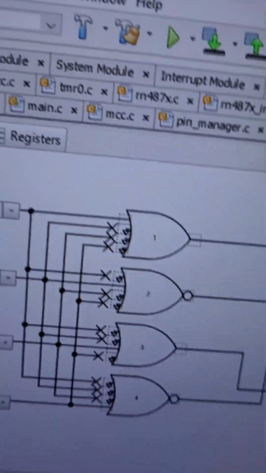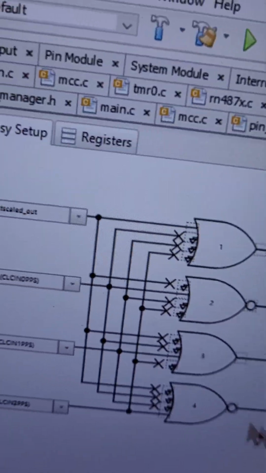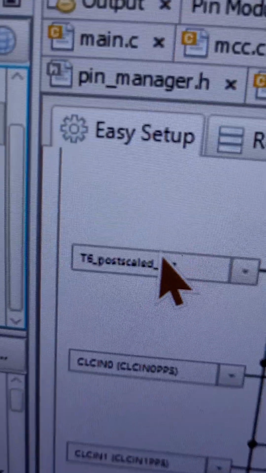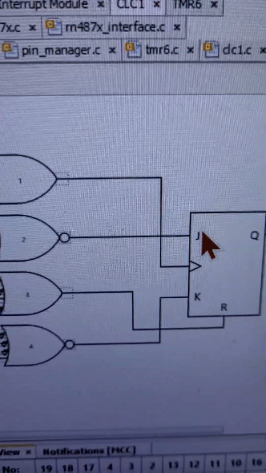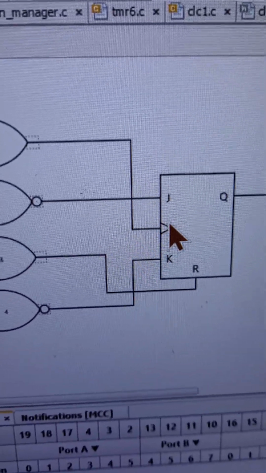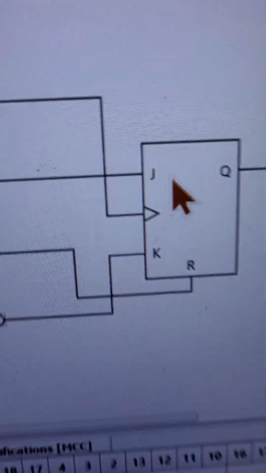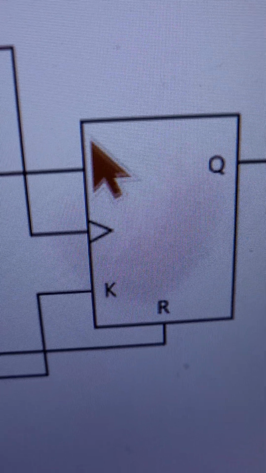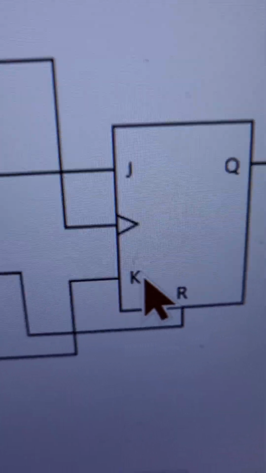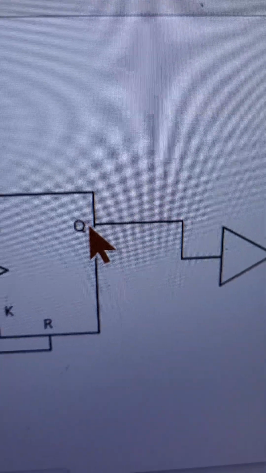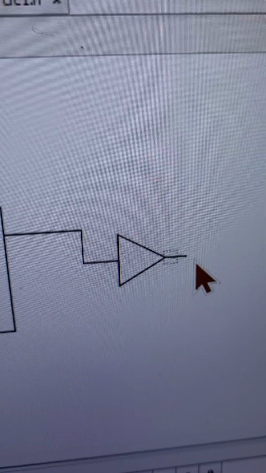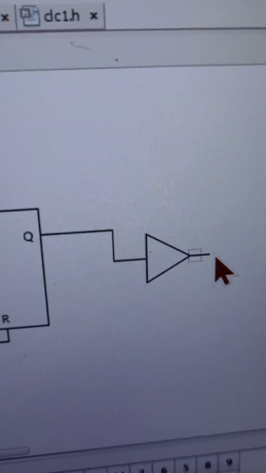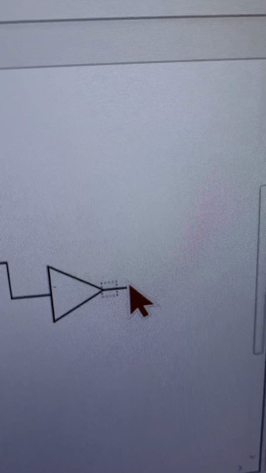The output of the 1 second period square wave at this point is input to the OR gate, and consequently it's passed to the clock of the JK flip-flop. We are taking the output from Q, not inverted Q, and this output goes to port C5, which is the LED, as we have seen before.